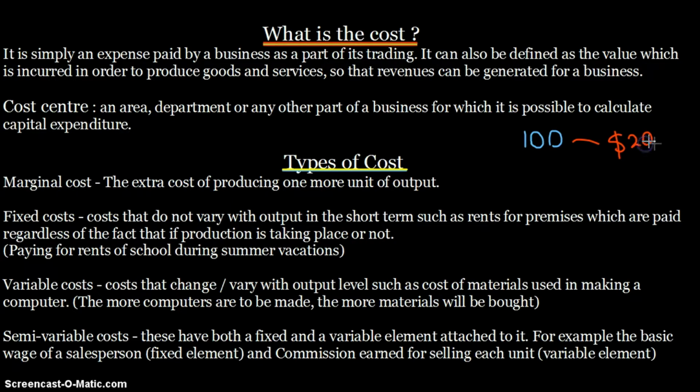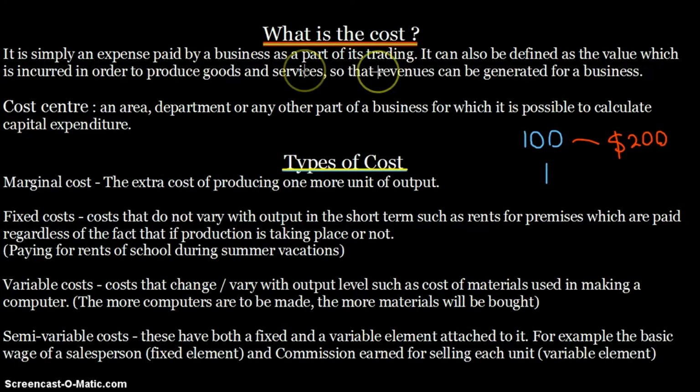So what is the cost of producing one extra unit? That is basically the average of the cost. If the cost for producing 100 units is $200, what will be the cost of producing one extra unit?